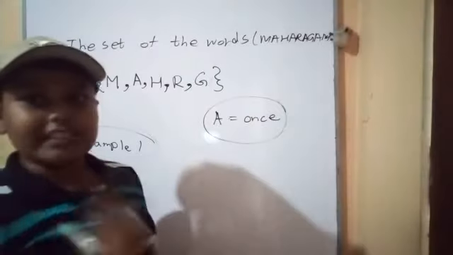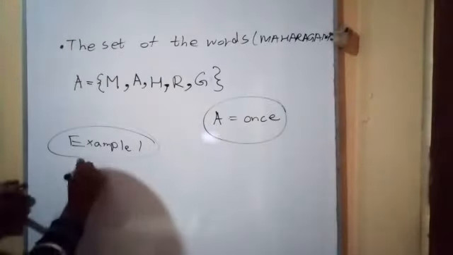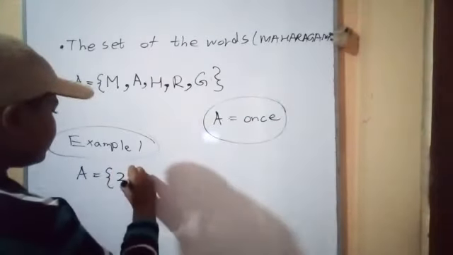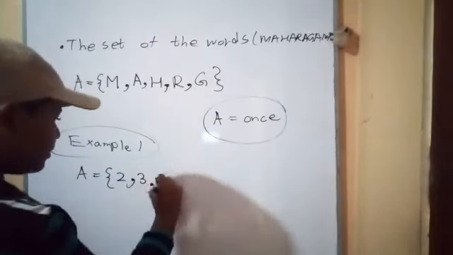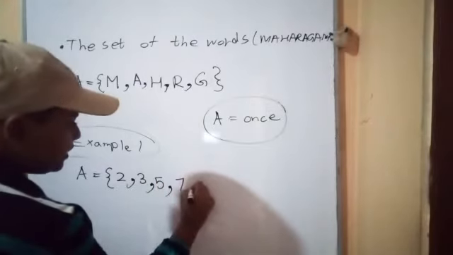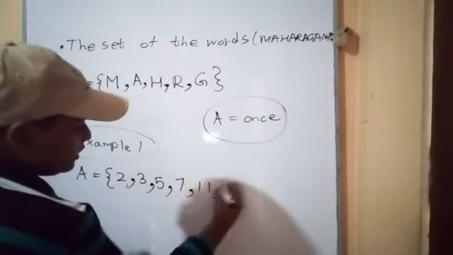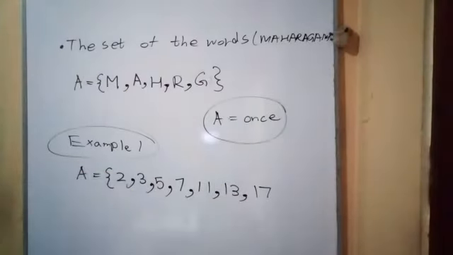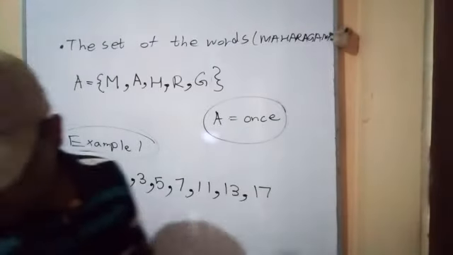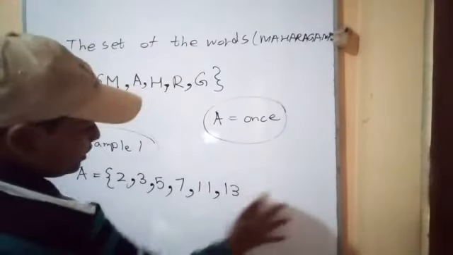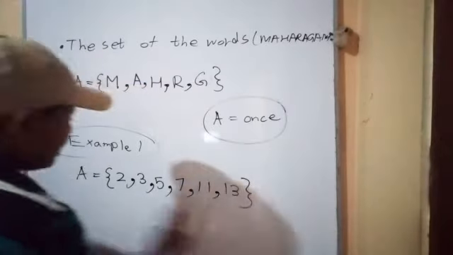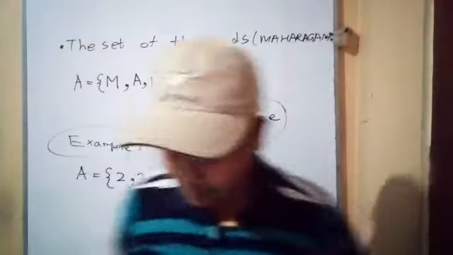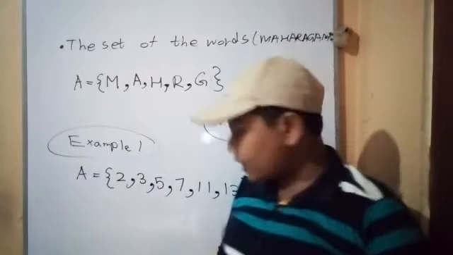Prime numbers between 0 and 15, up to 13 only. 2, 3, 5, 7, 11, 13 are the elements of the set of prime numbers between 0 and 15.